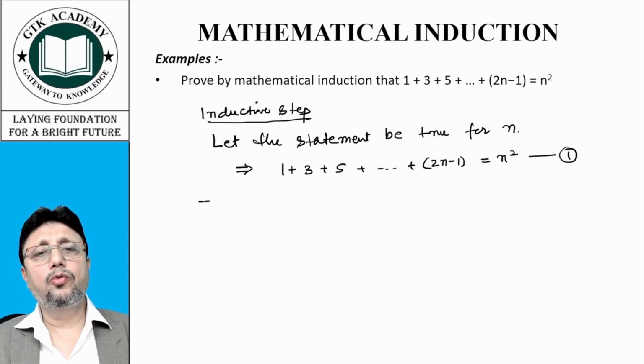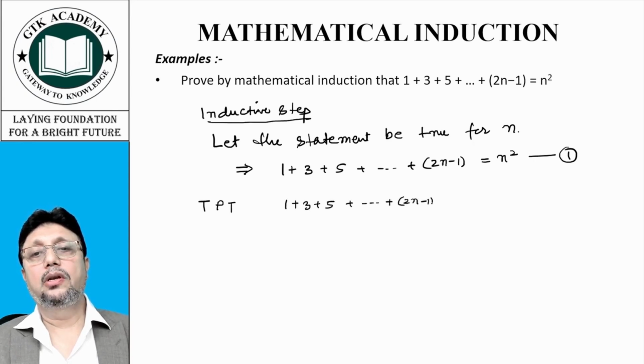Now you have to prove that the statement is true for n plus 1. So 1 plus 3 plus 5 plus 2n minus 1, and the next term will be, put n plus 1 in place of n, 2 into n plus 1 minus 1.